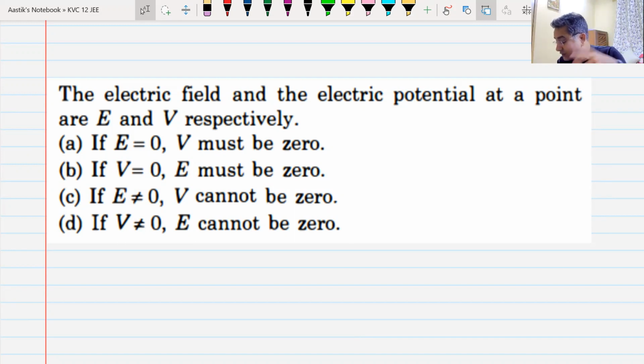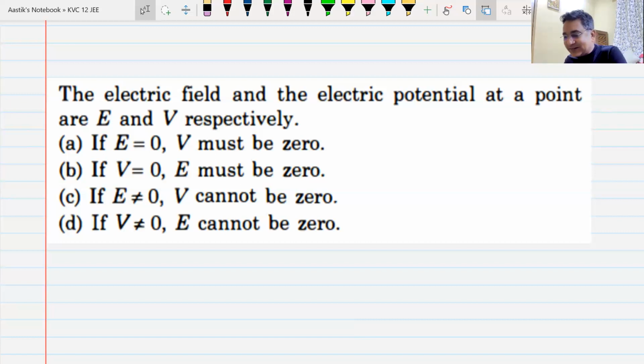If E is 0, V must be 0. Is that option correct? Let us discuss one option, and that will help us in understanding. Sir, all are correct, sir.